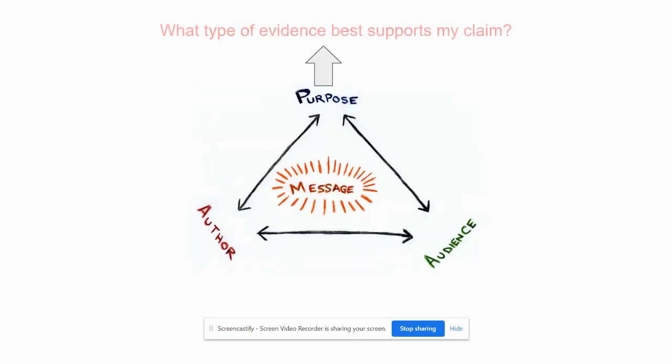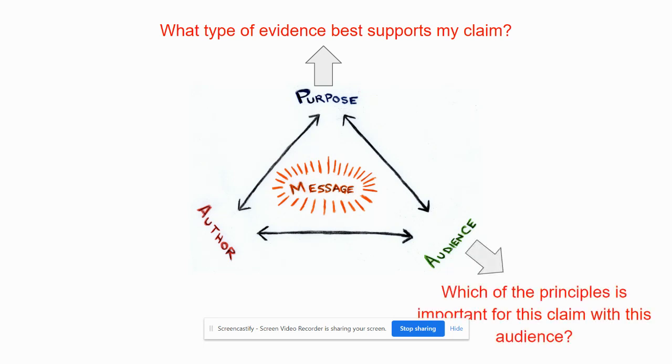The first question is, what type of evidence best supports my claim? This is where you match the evidence that's really the closest in need for the claim that you're trying to prove. Second question is, which of the principles is important for this claim with this audience? And the third is then, just as the author, therefore, what types of evidence should I use?